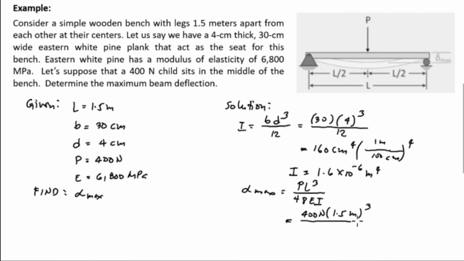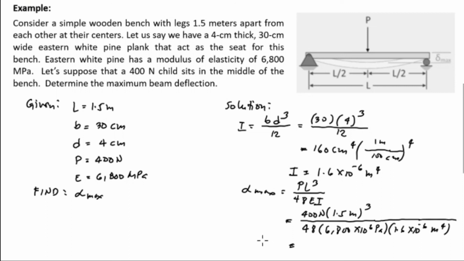We divide by 48, the constant, and the value for E for eastern white pine, which is 6,800 times 10 to the power 6, which is Pascal. And we multiply by the value of I, which is 1.6 times 10 to the power negative 6, in meter to the fourth.